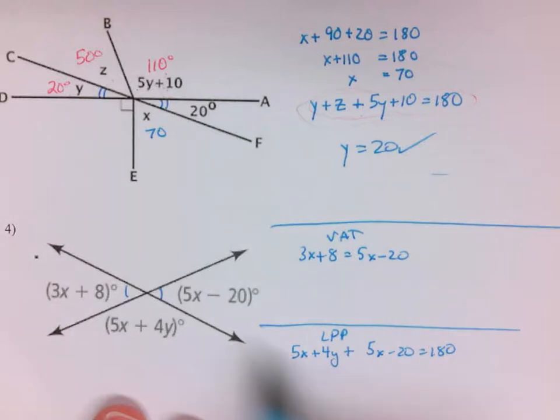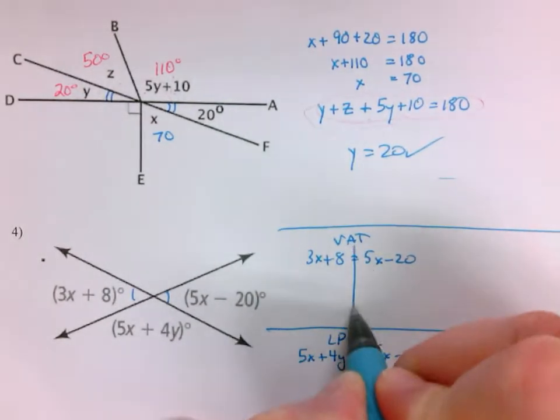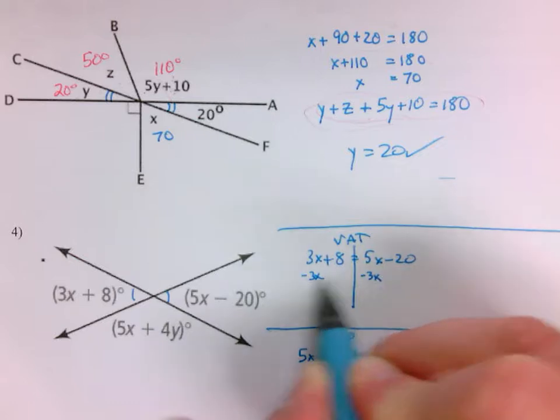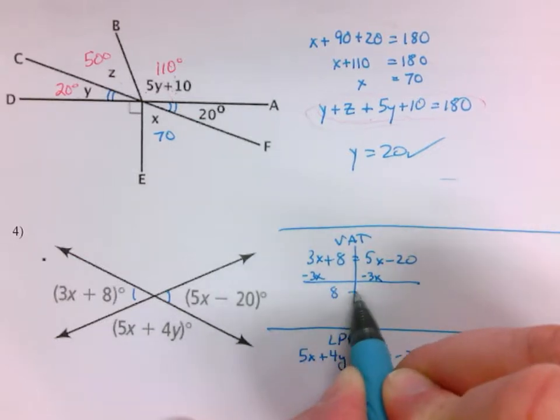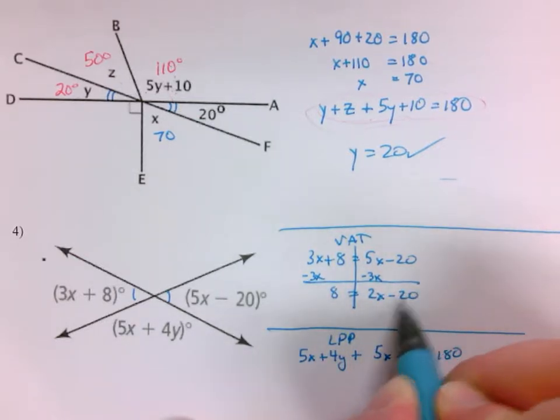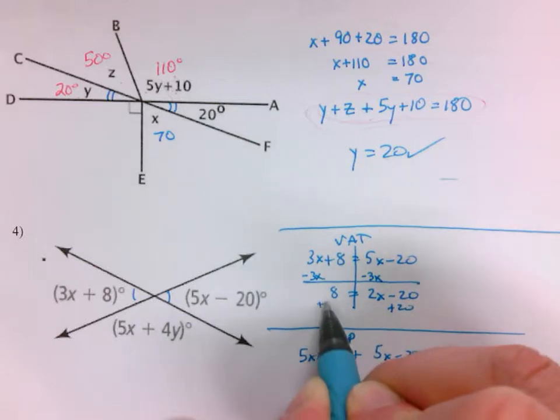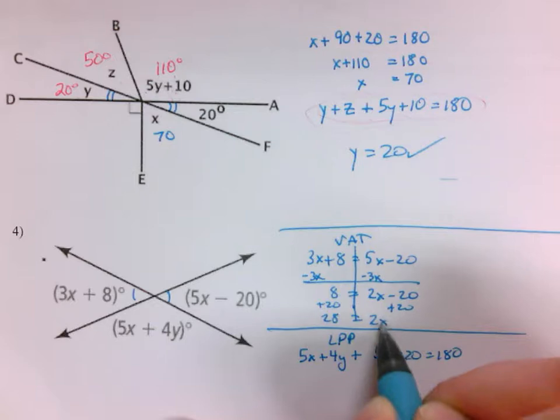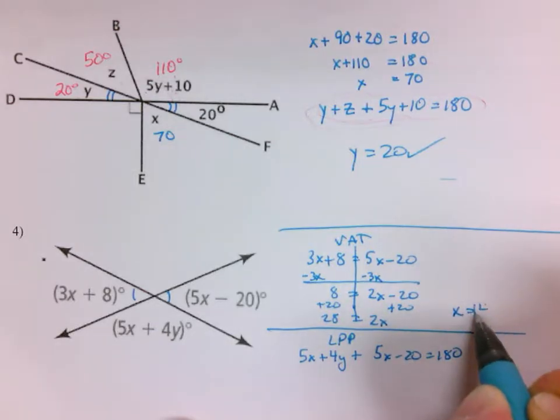I could also write these two, but I don't want to write every equation possible. I don't need to do that. So I'm going to solve the one I know how to solve first. Don't lose your x sign. 8 equals 2x minus 20. Add 20, add 20. X equals 14.